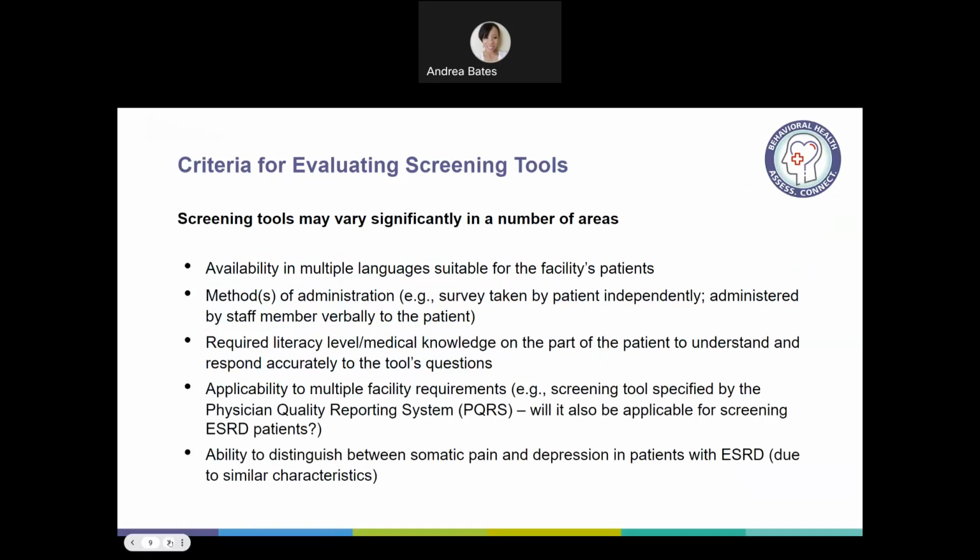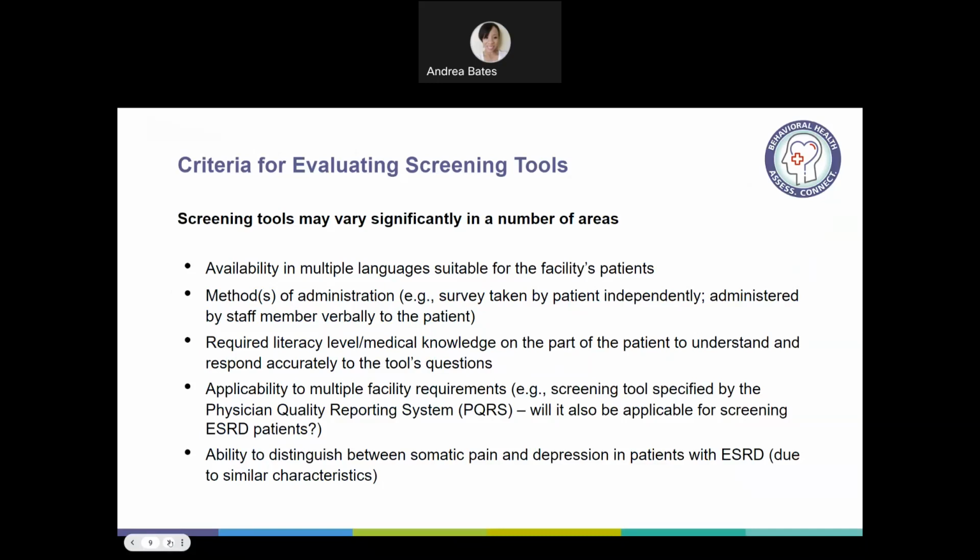How are the screenings administered? Sometimes the patient takes them independently, like say that we can give it to the patient while they're on treatment, and they'll complete it. Mostly they are administered by the staff, preferably the social worker, and they actually read the assessment to the patient and the patient answers.